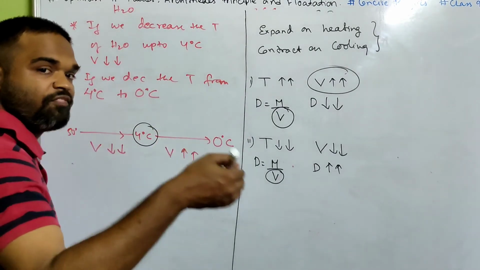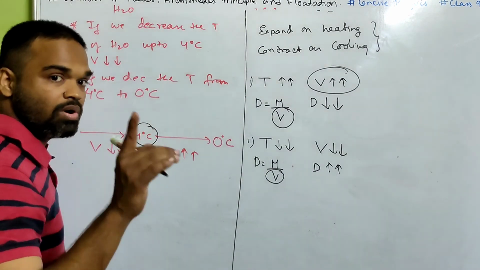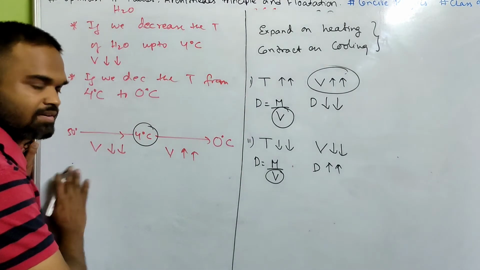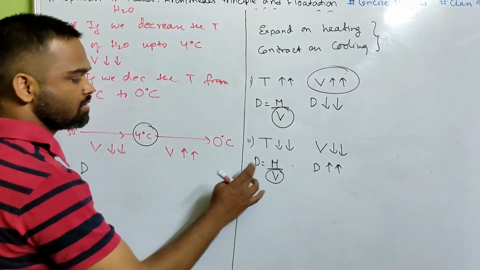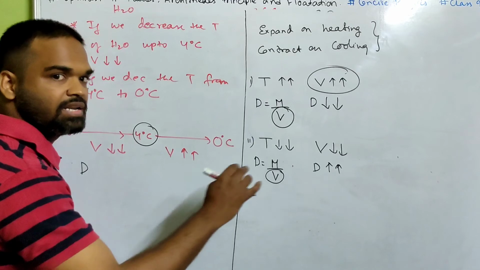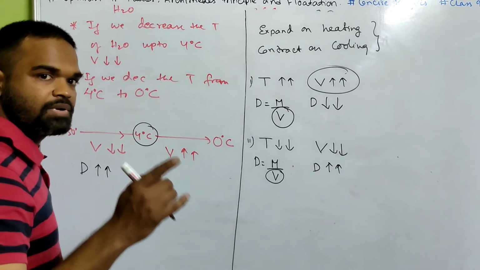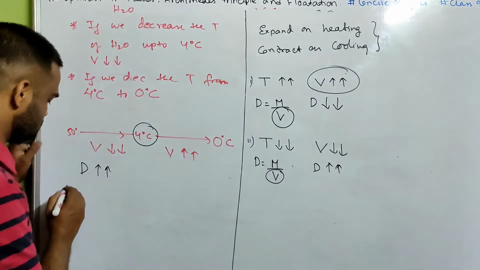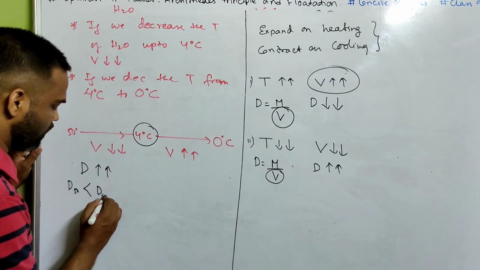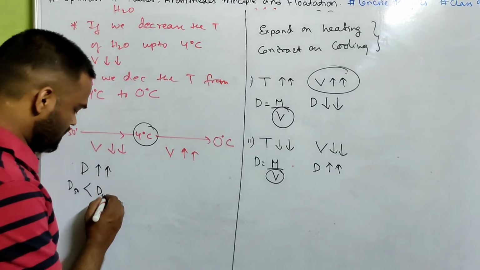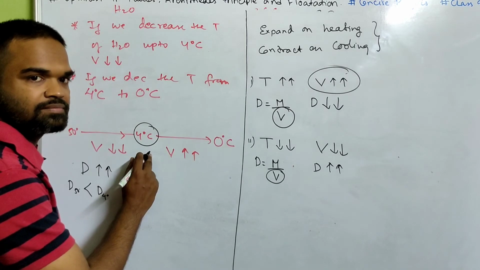So up to 4 degrees centigrade, if you lower the temperature, volume is decreasing, so the density will increase. Density will increase up till 4 degrees centigrade. So density at 50 will be less than density at 4 degree. Why? Because the density keeps on increasing.